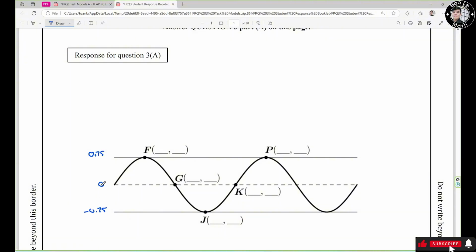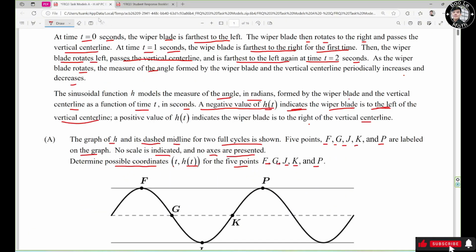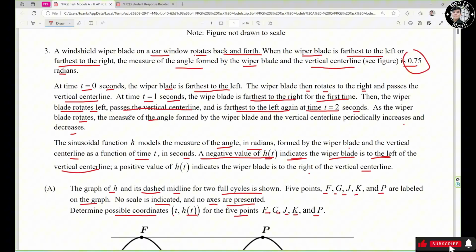Now, how do I know if the midline equals 0? Because I know that the midline, which means D, equals max plus min divided by 2. So it's 0.75 plus negative 0.75 divided by 2, which is going to be 0. Now, we need to find the period.